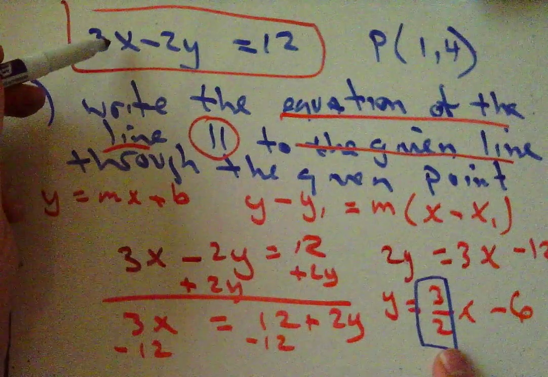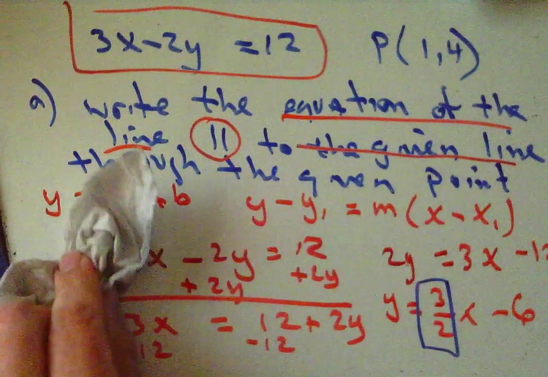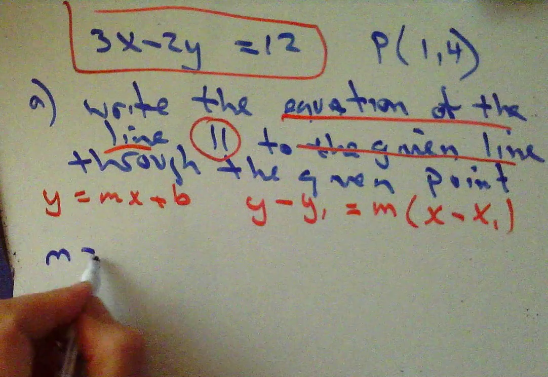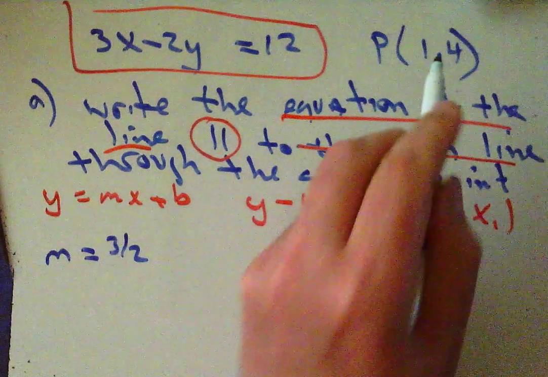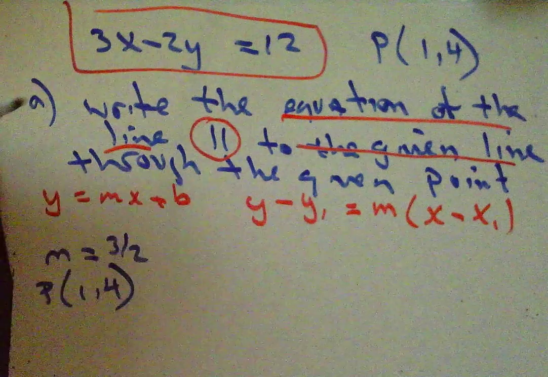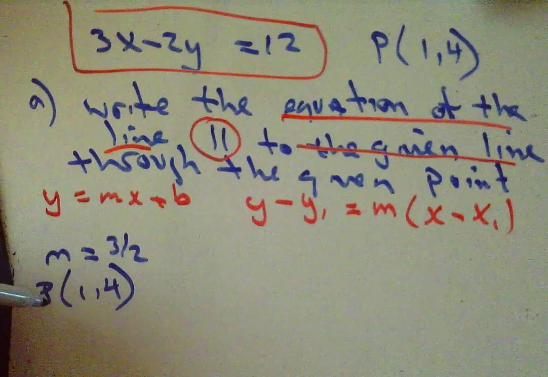This line has a slope of 3/2, so my parallel line must also have a slope of 3/2. And I want to pass through the point (1, 4). So I'm writing the equation of the line with this slope that passes through this point.